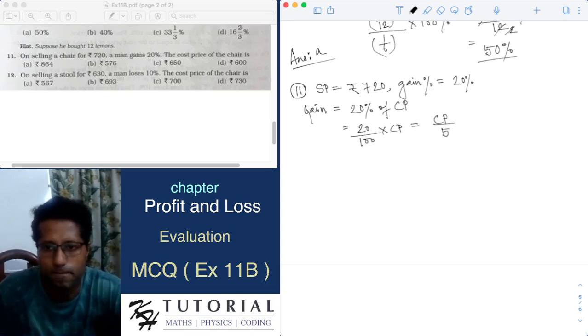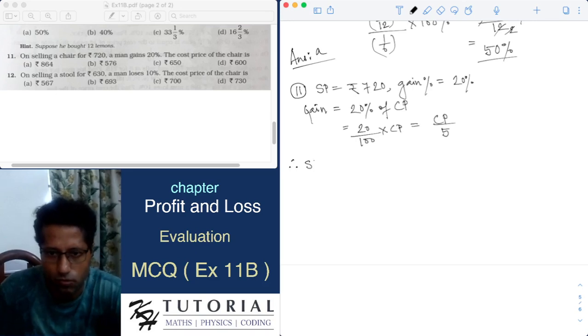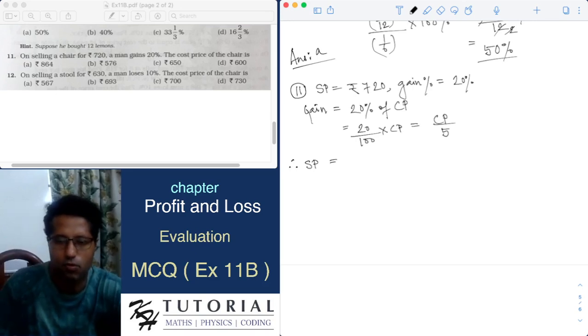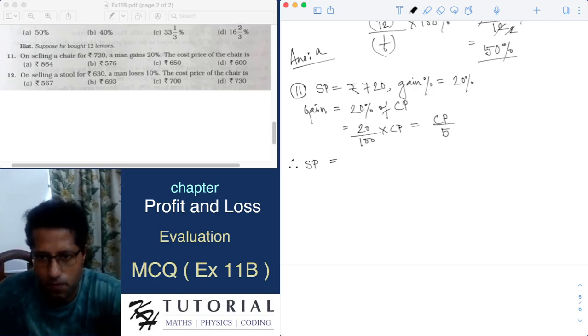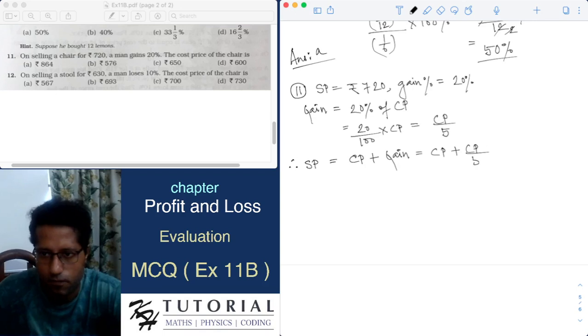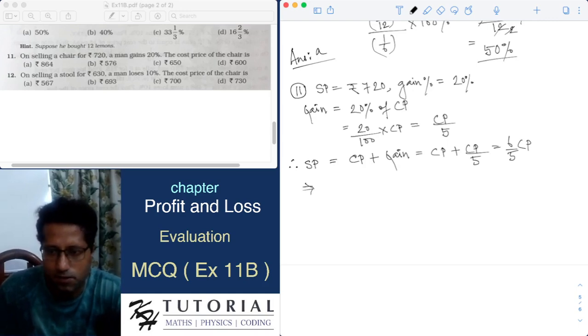Now gain we know, and therefore SP should be, if we know the cost price, which is CP, and if we know the gain, the SP should be CP plus gain. This equals CP plus CP by 5. This is 6 by 5 CP. And the SP is given.